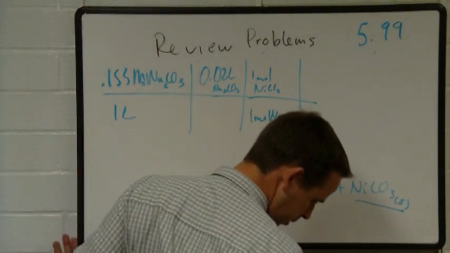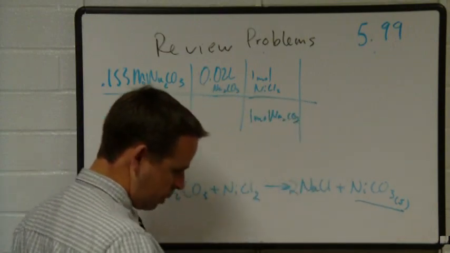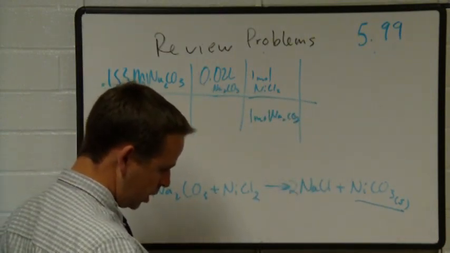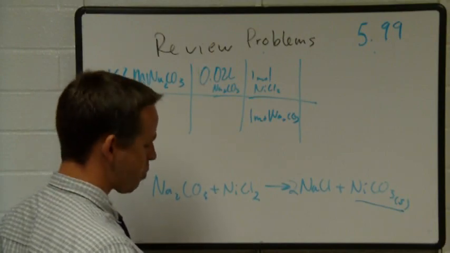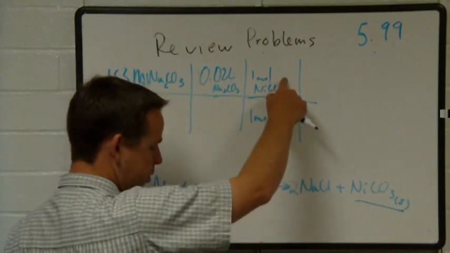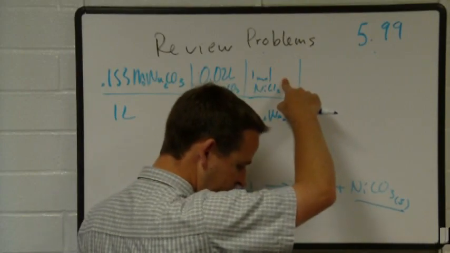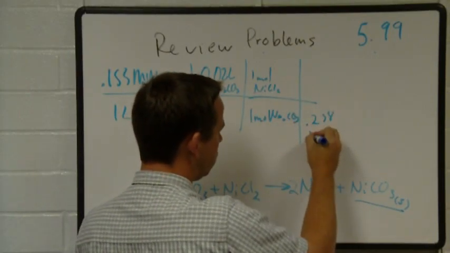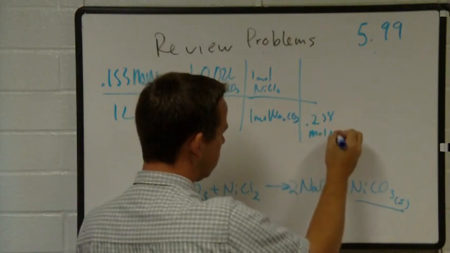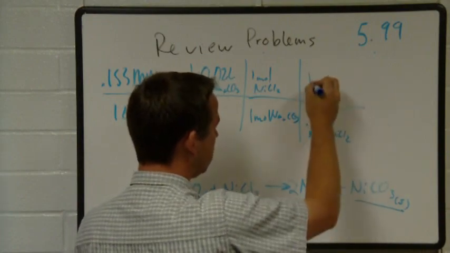So let's see, what do we say here? How many milliliters of that many nickel chloride solution are needed? Oh, so that's the first question. How many milliliters of this solution are needed? Well, now we're in moles of nickel chloride, and we have 0.258 moles of nickel chloride for every 1 liter.